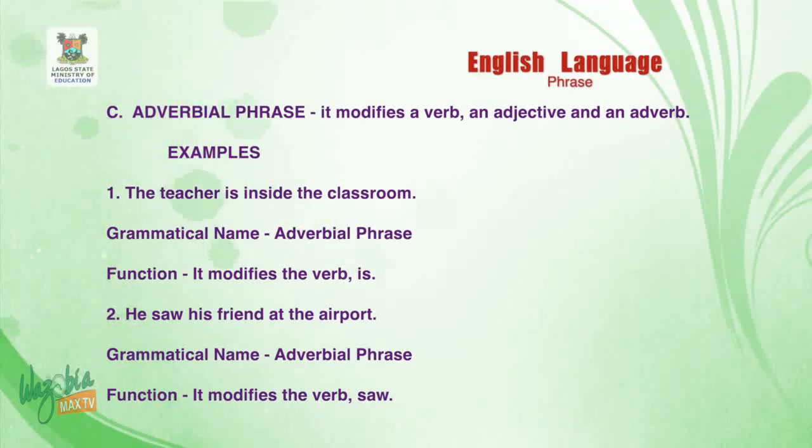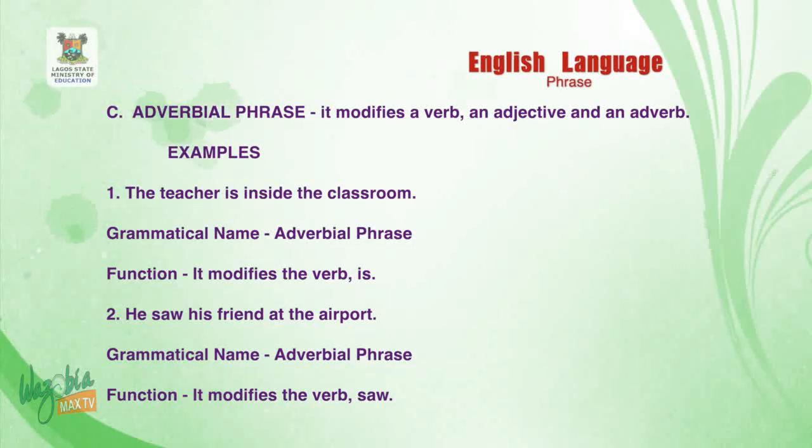Now, let us consider the following examples. The teacher is inside the classroom. Inside the classroom is an adverbial phrase. And I know because I've been able to define adverbial phrase.